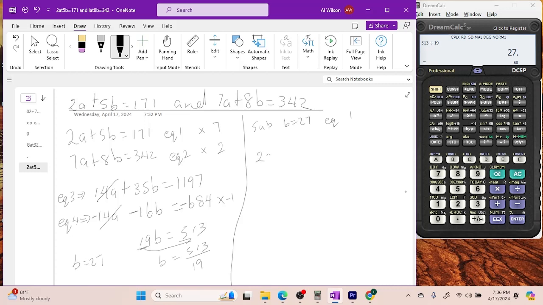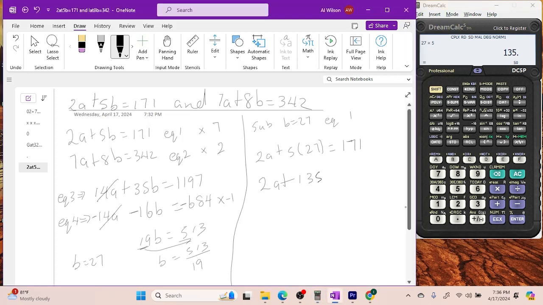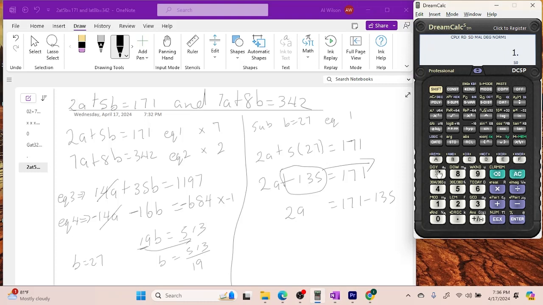So 2a plus 5 times 27 is equal to 171. 2a plus, so we have 27 multiplied by 5, which is going to give me 135, is equal to 171. 2a, so we're moving all of this over, is equal to 171 minus 135. So 171 minus 135 is equal to 36. So 2a is equal to 36.